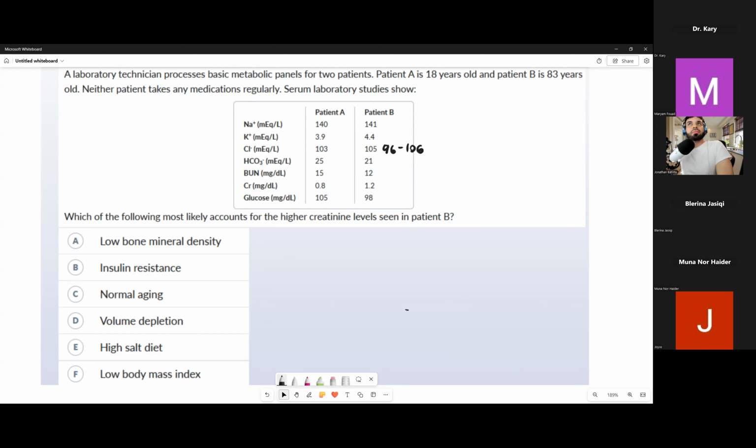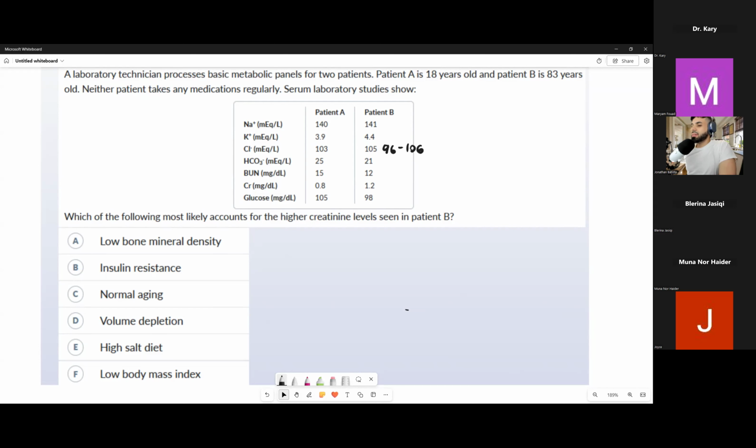Volume depletion, nothing here tells me that there's a volume depletion. Sodium is fine. And renal function, even though it's still a little bit high, that could be a high salt diet. Iffy. Low body mass index, I'm not sure about that, so I'm thinking it's normal aging.